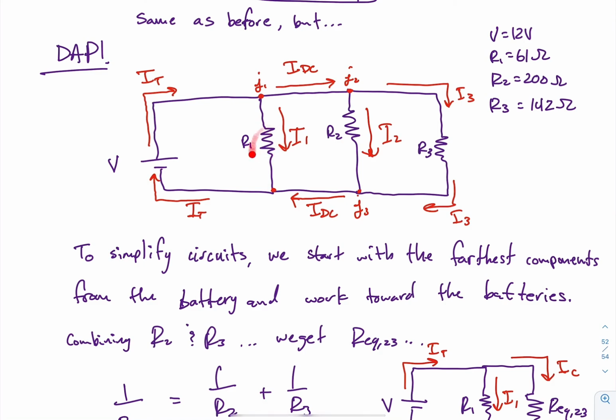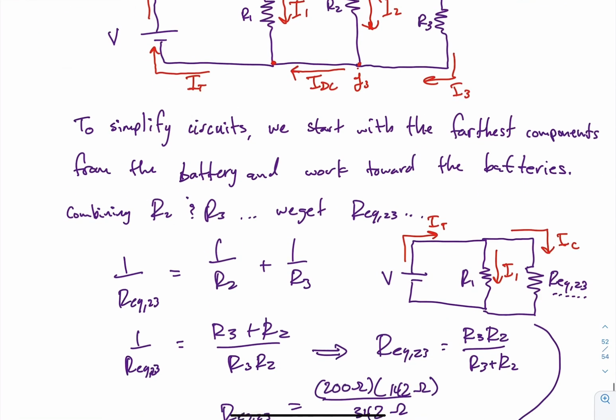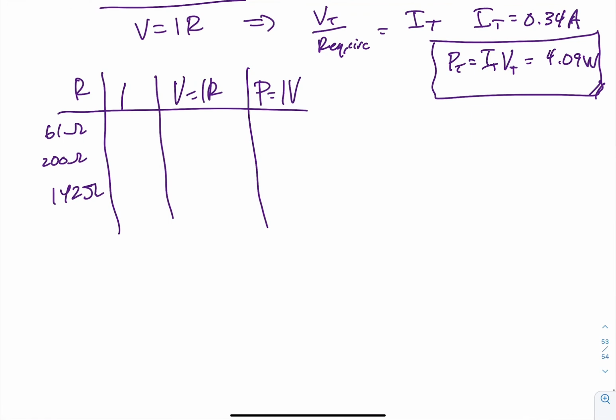That means R1 must have all 12 volts across it. And the same argument can be made for any of these, because the current passing through each resistor only passes through one resistor. Anyway, that means that our voltage across every component is just 12 volts. They're all in parallel, and they're all connected to the same power supply.